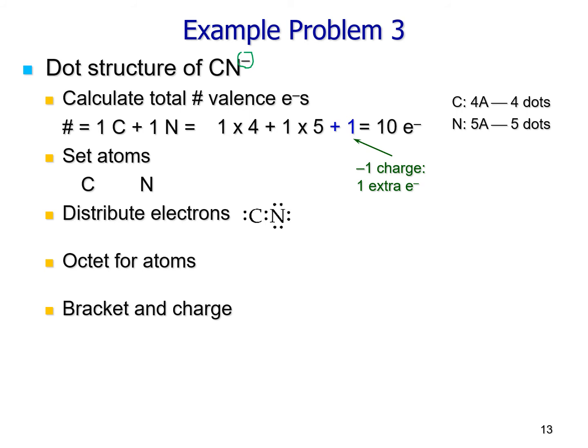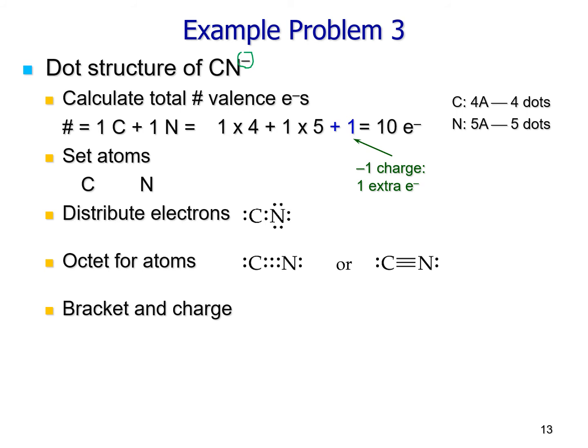Nitrogen is an octet, carbon is not. Just like what we did for carbon monoxide, nitrogen is going to give up 2 lone pairs of electrons to the bonding position. In this way, carbon and nitrogen each atom will have 1 lone pair of electrons to themselves, with the 6 electrons in between. We're talking about a triple bond between carbon and nitrogen.